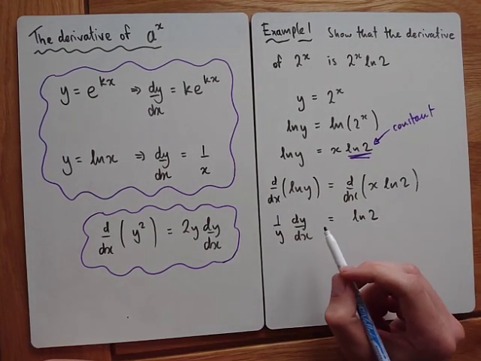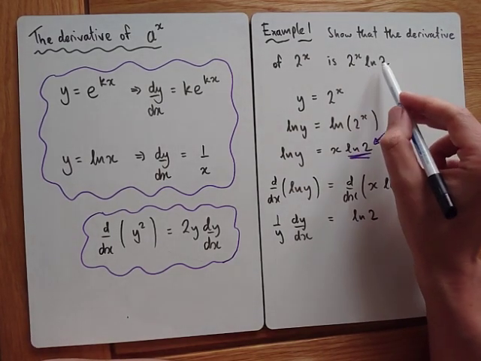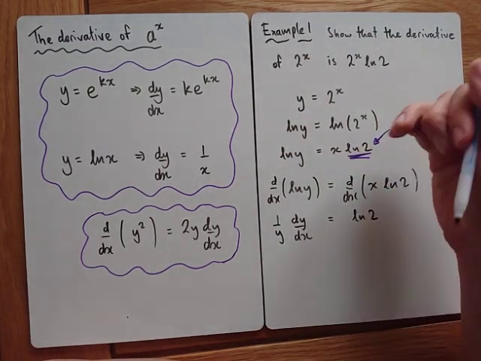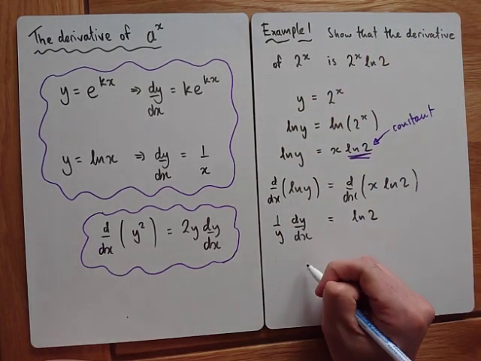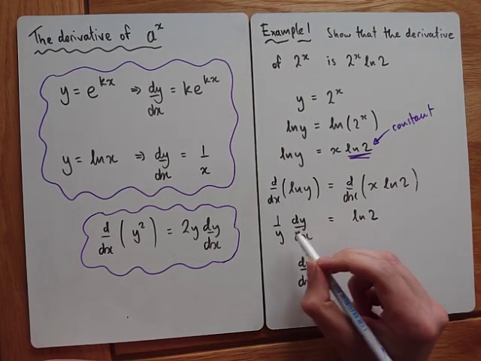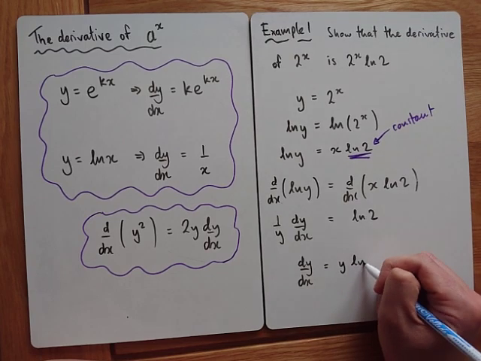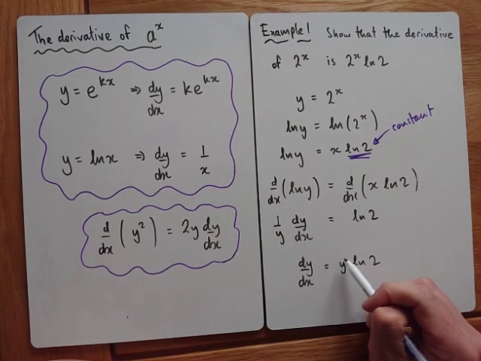Okay, so have we got the final answer? We're trying to get 2 to the power of x ln 2. So if I start off with y equals and it says the derivative, all we need to do is rearrange. So what would dy by dx equal? Because that's going to be my derivative, isn't it? So dy by dx would equal y times ln 2. But we're in the world of y.